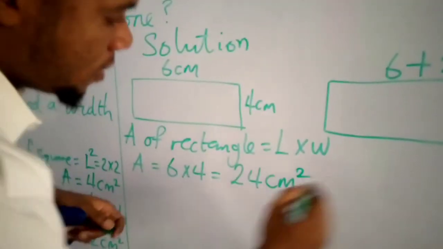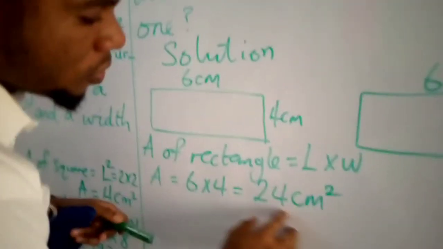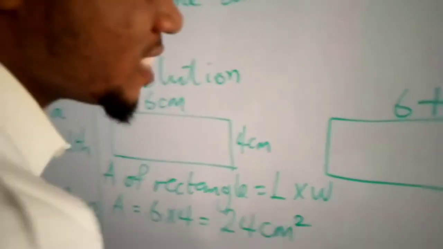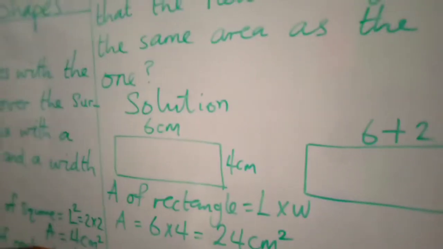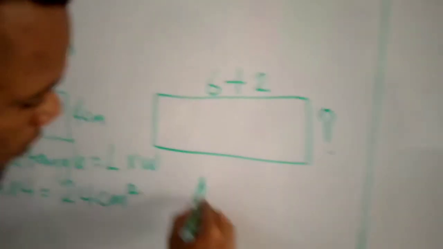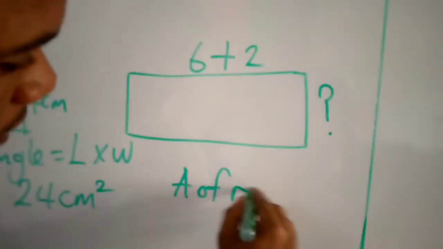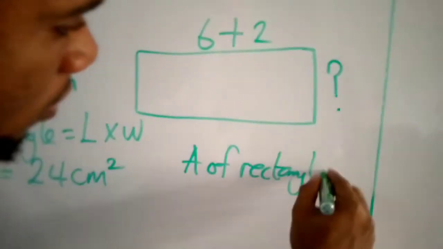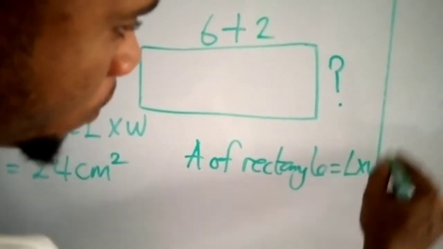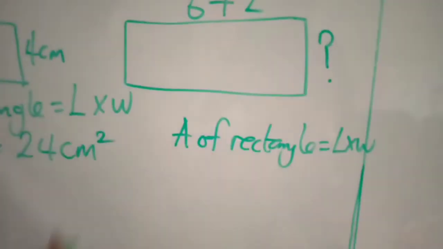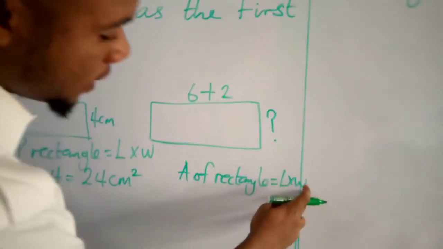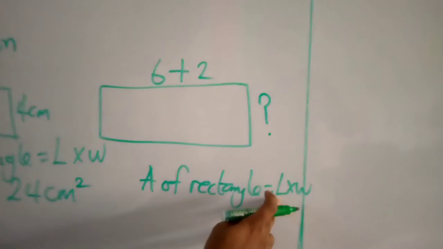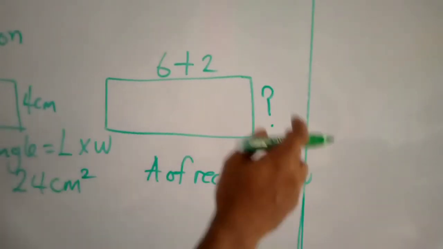So this is the first rectangle, sorry. Remember, the area of the first rectangle is 24 centimeters square, so we must get the same as this. So let's go to this. Now you say what? Area of rectangle is L times W. Remember, L is length and W is width.